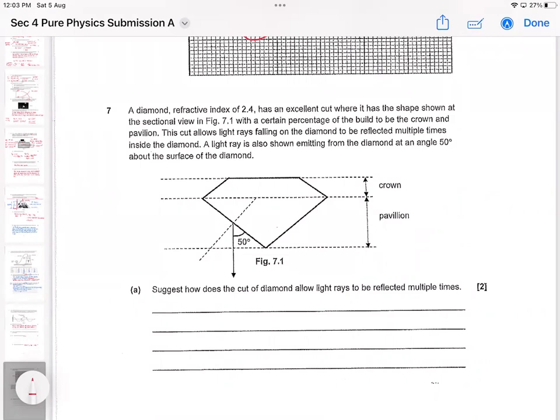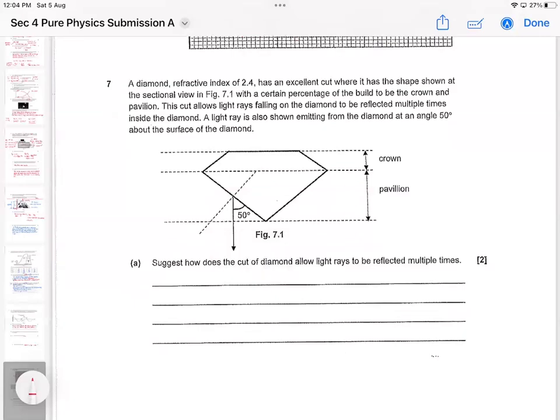a way that most of the time, when the light reflects, the angle will always be greater than the critical angle, so it doesn't allow the light to come off. So it looks like there are multiple reflections, which is essentially just experiencing multiple total internal reflection.